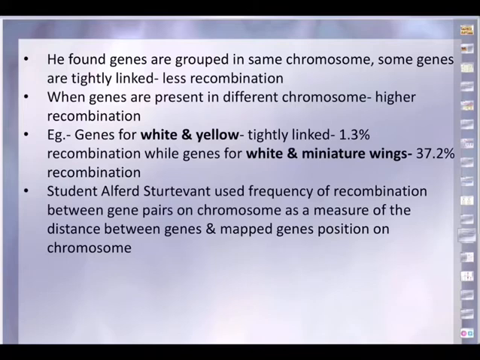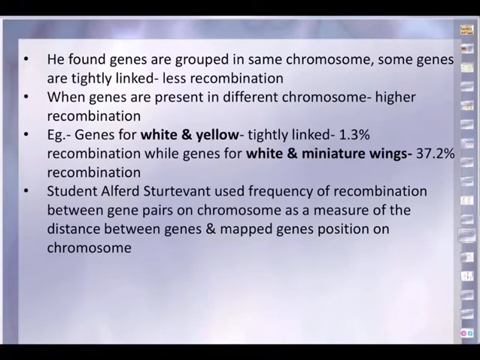So higher recombination. Example, genes for white and yellow, that is white-eyed and yellow body, are tightly linked. How much? To the tune of 1.3% recombination, tightly linked. Both the genes for white and the genes for yellow. While genes for white and miniature wings show 37.2% recombination.